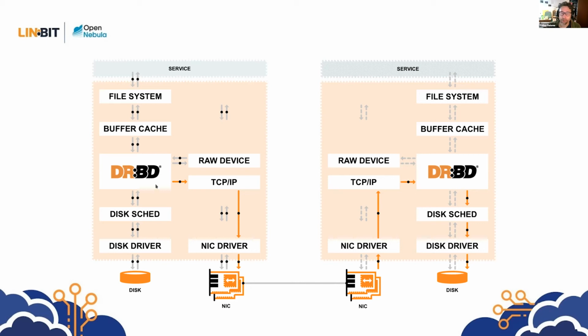Usually DRBD operates in synchronous mode, so it will wait until the write completion event travels up the stack from the local storage device, and also all the way back from the other node, and then it signals write completion to the upper layers. What this illustration lacks is it doesn't show that DRBD can have multiple peers. At that point, I will switch to the command line and let's dive into that.